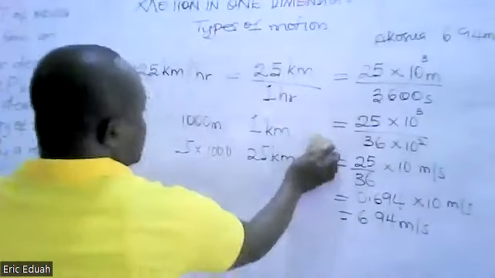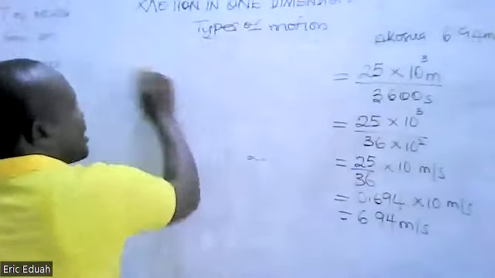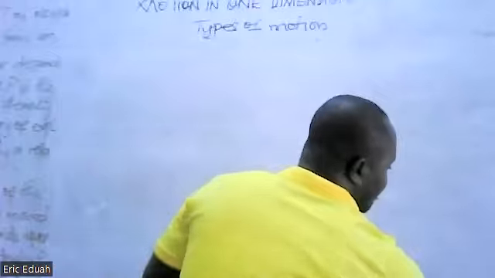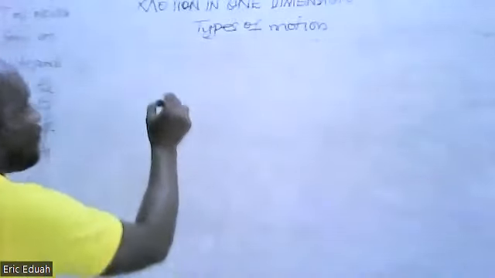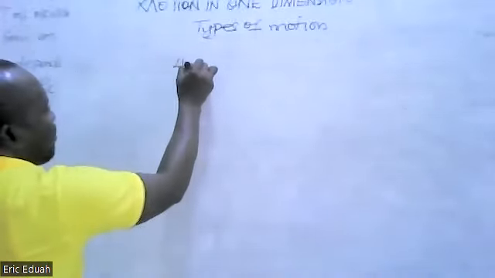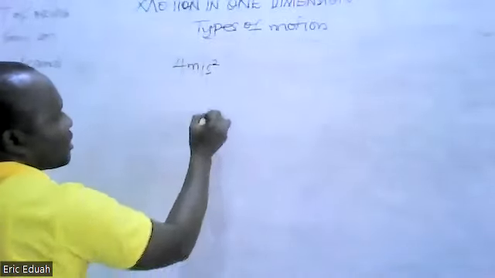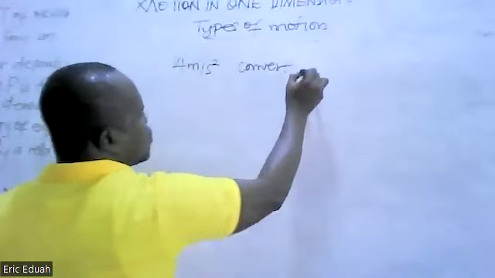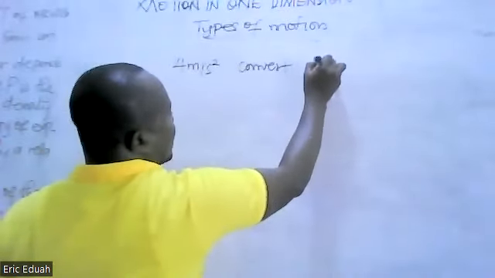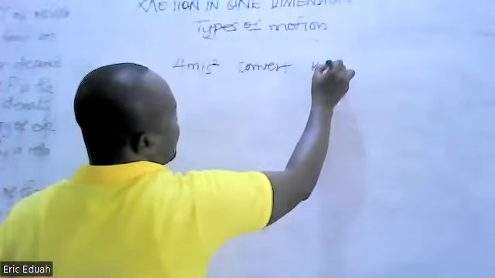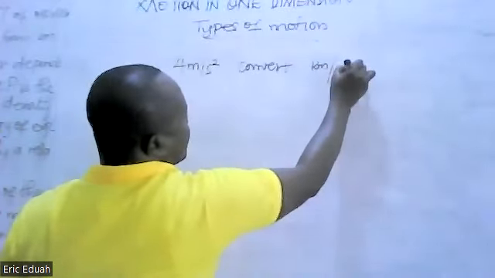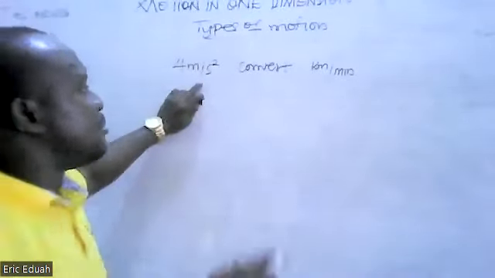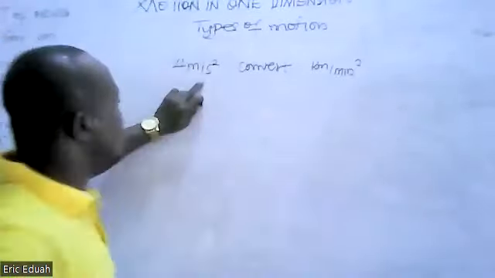Now, let's look at it from the other side. Maybe you are given an acceleration of 4 meters per second squared. Convert to kilometer per minute square, sorry.